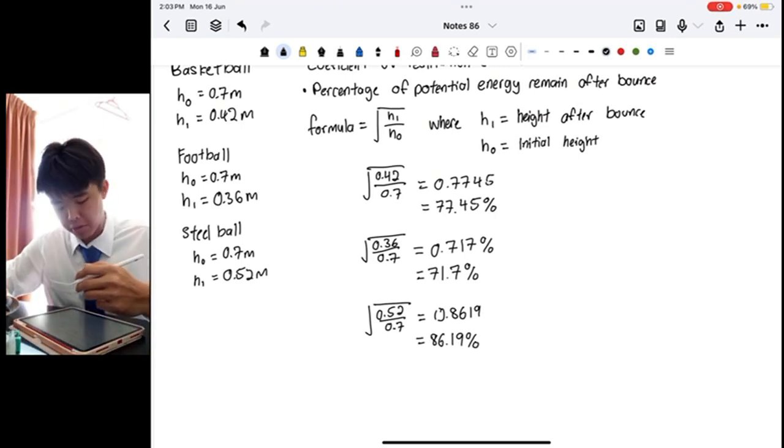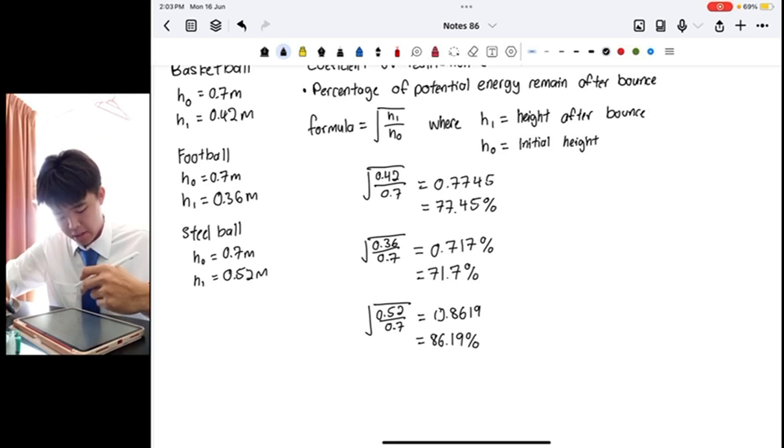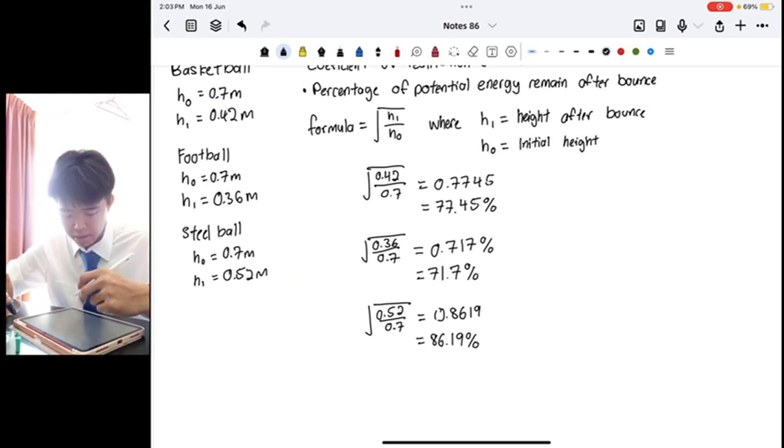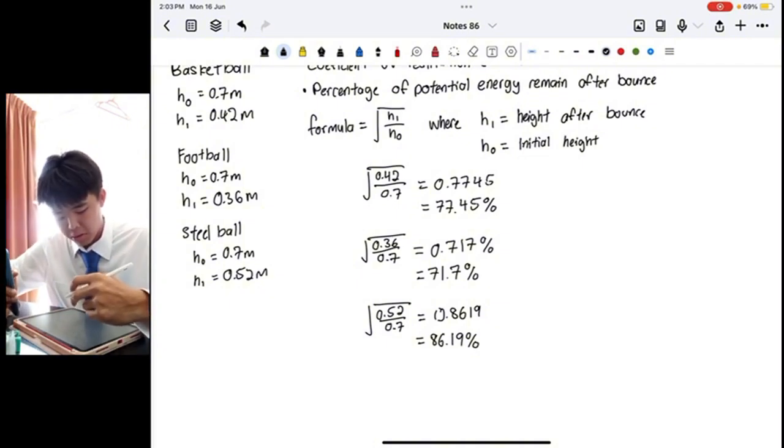After we calculate, we found that steel ball has 86.19%, which is the highest, and the football is 71.7%, which is the lowest.